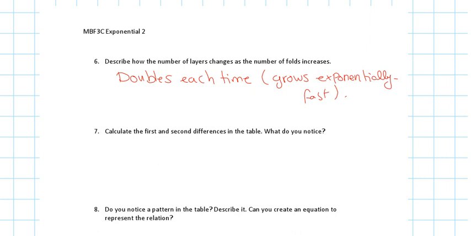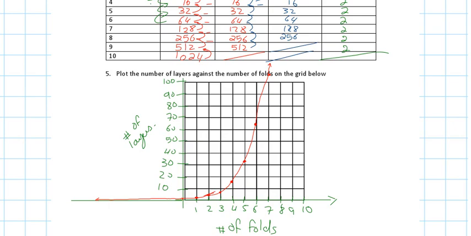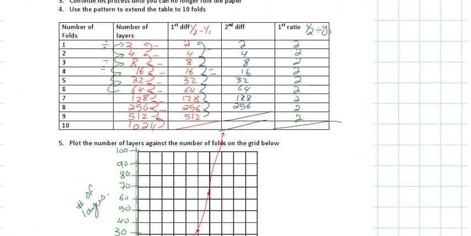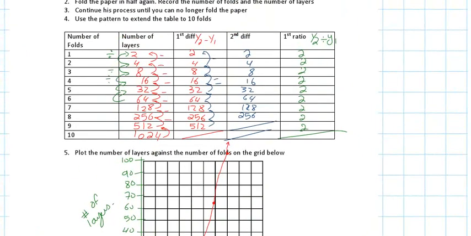We did calculate the first and second differences in the table. What did you notice? The differences are not constant. If you go back to the table, they're not constant. Have you noticed anything else?